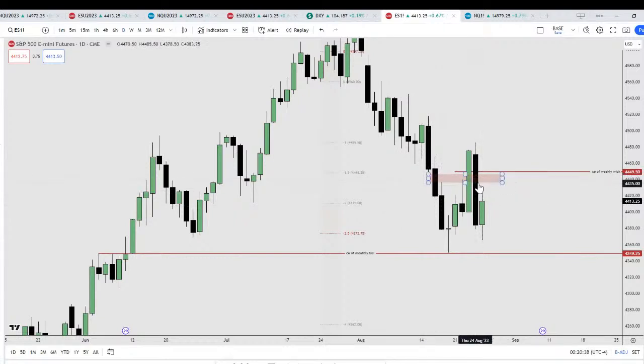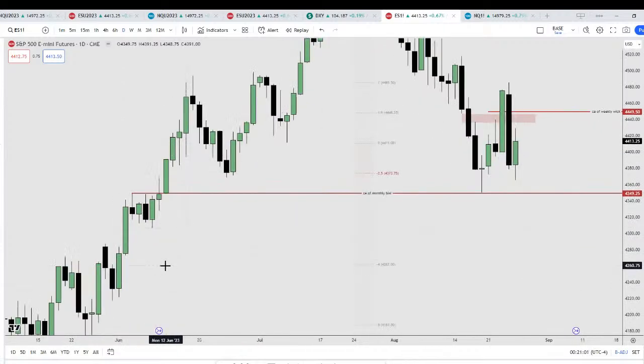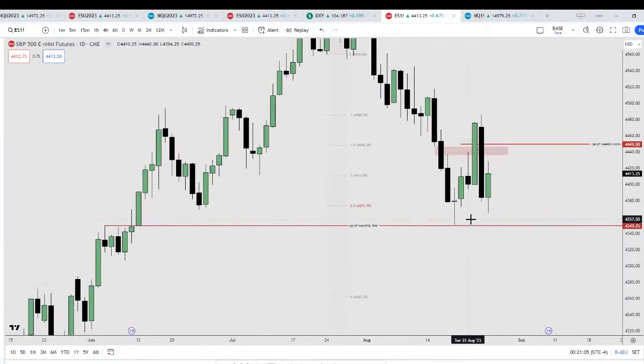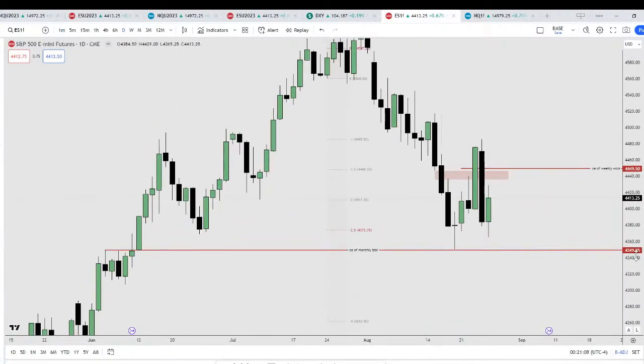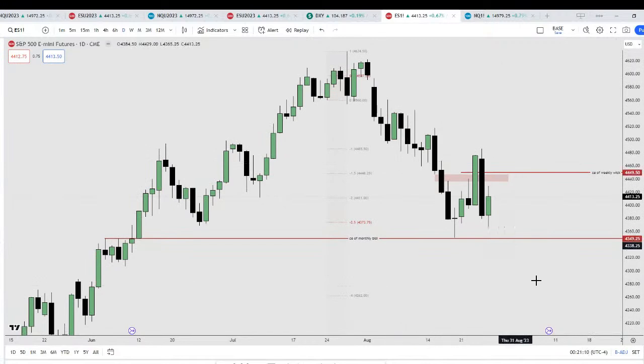As long as there is some sort of resistance, then I'll look to short into this low here, this week's low, into the consequent encroachment of the monthly BC. And I want to see if it can overextend down into this area here, the sell side here, and this inefficiency down here. That is what I'm looking for. Moving forward to next week, I am still bearish.